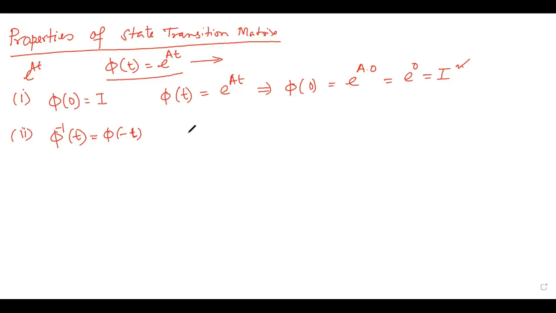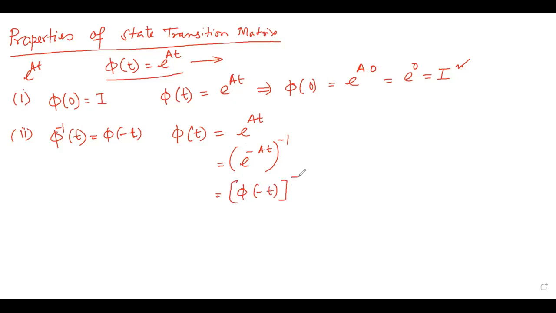How? Let us prove that. We know that phi of t is equal to e to the power At. So e to the power At you can write as e to the power minus At, to the power minus 1. e to the power minus At is nothing but phi of minus t.